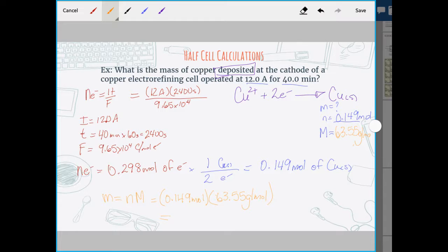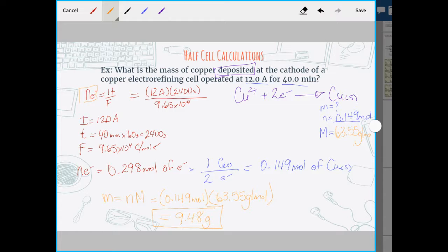This will give me an answer of 9.48 grams. So if this runs for 40 minutes at 12 amps, I'm going to get 9.48 grams of copper. All right, that gives you a bit of an idea of how this works.